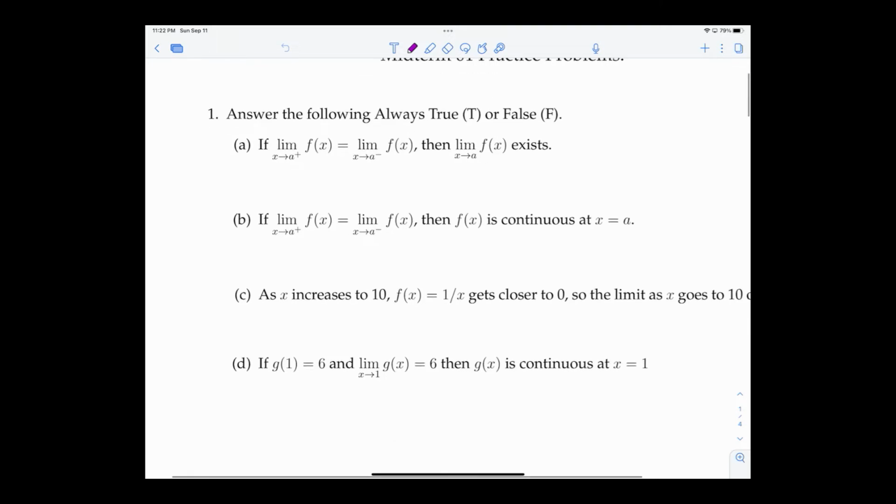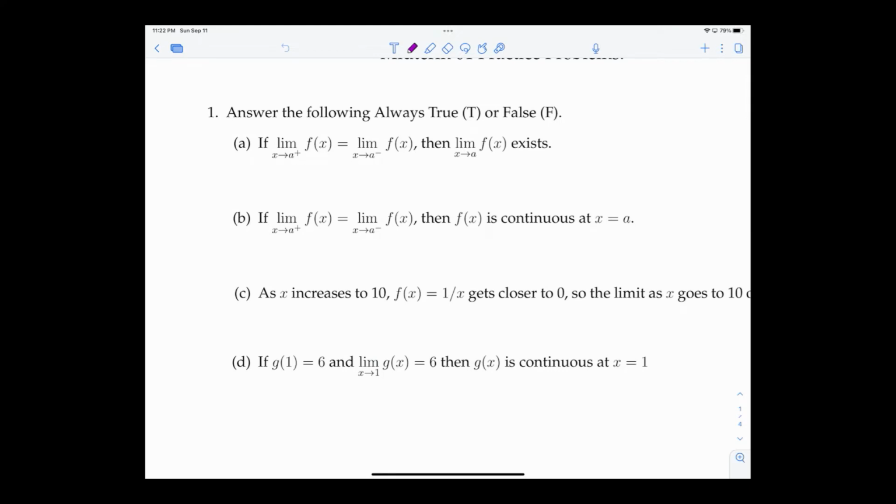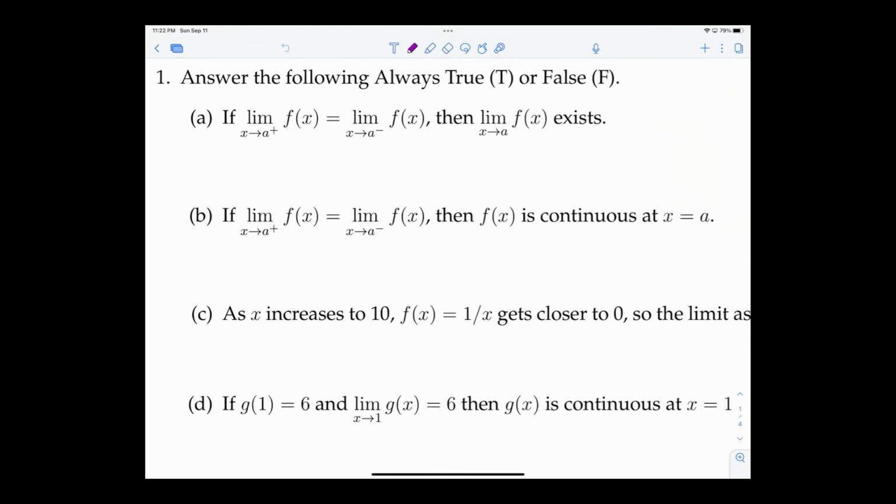So let's look at these true-false questions to start with. We've got a limit from the right. Remember the plus sign means limit from the right, so we have a right-hand limit there, and here we have a left-hand limit. Those are supposed to be equal, and it says if those are equal, then the two-sided limit exists.